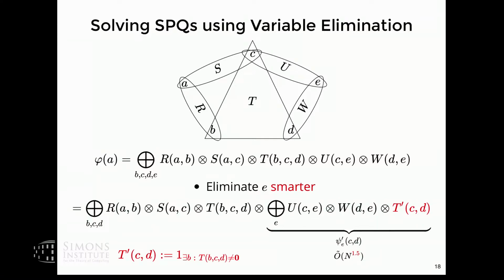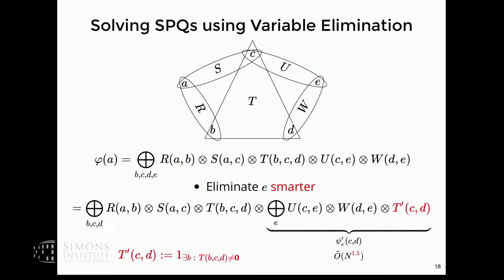In particular, in this expression, we can also include an extra factor, T prime CD. And this function, T prime CD, is just a 0-1 function that returns 1 whenever TBCD has at least 1 B value for which TBCD is non-zero.